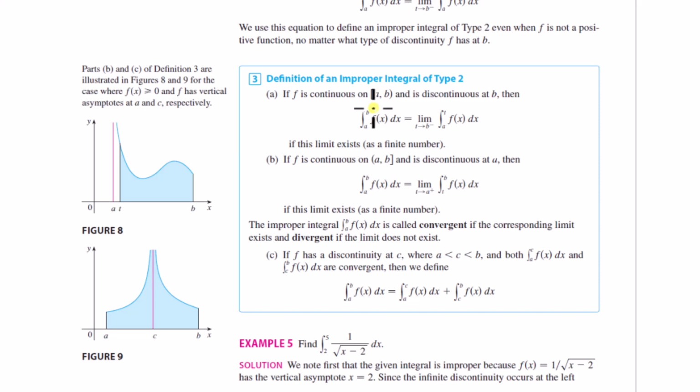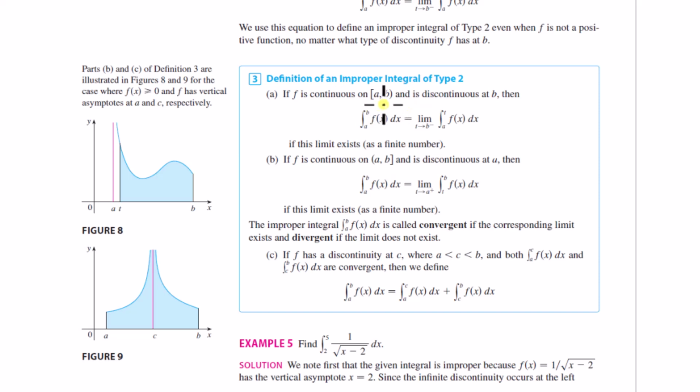But to do an improper integral, you have to be defined at one of the endpoints. And then you're dealing with another endpoint that's not defined because it's a discontinuity or it's an endpoint or whatever, right? And then what you're going to do is take the limit as t approaches the undefined endpoint or the discontinuity from the left or the right.